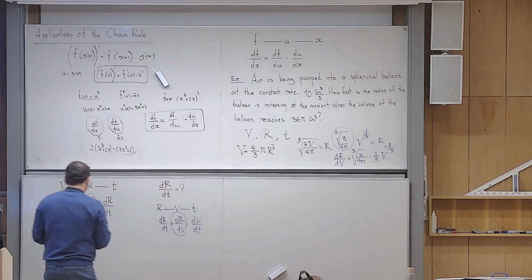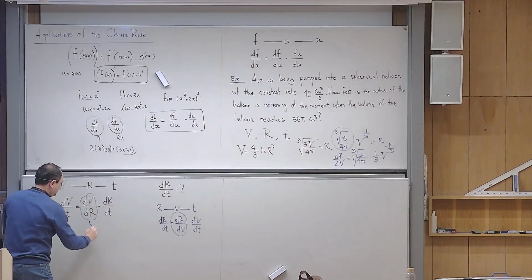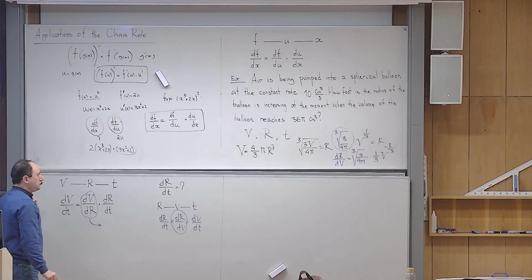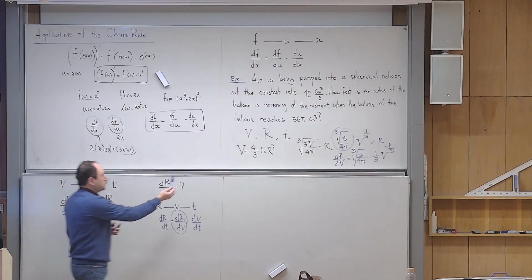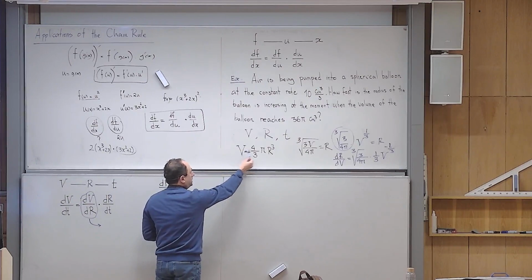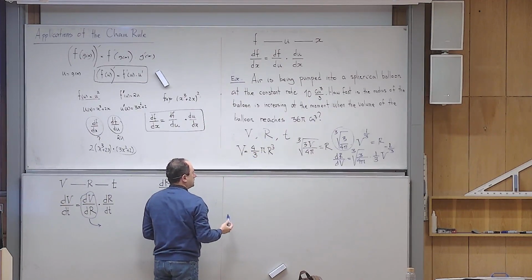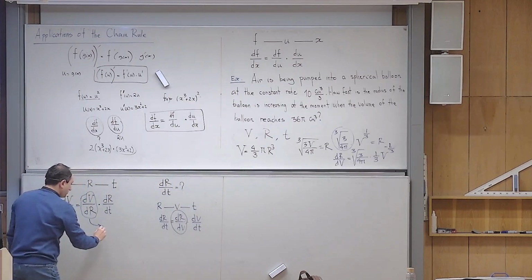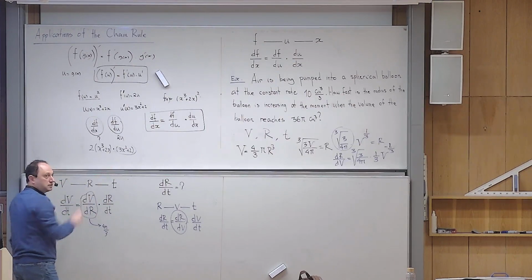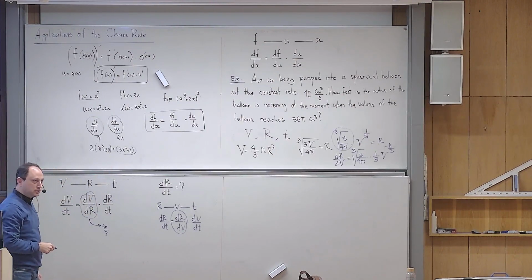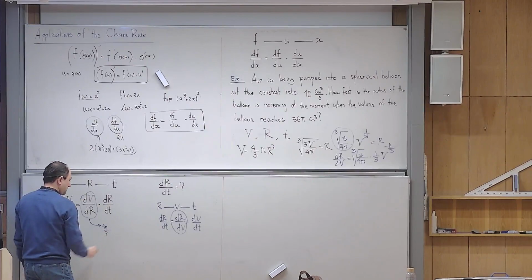So can you tell me what is dV dr? I want to take the derivative of V if r is my variable. 4 pi and 3 are constants, so I should write 4 pi over 3, and I take the derivative of r cubed, which is easier. What is the answer? 3r squared.